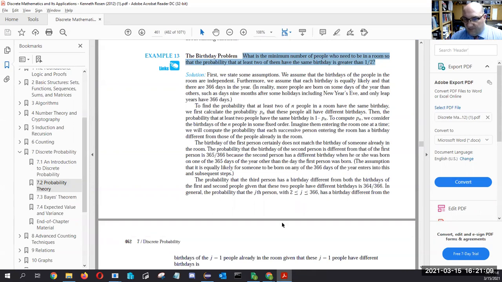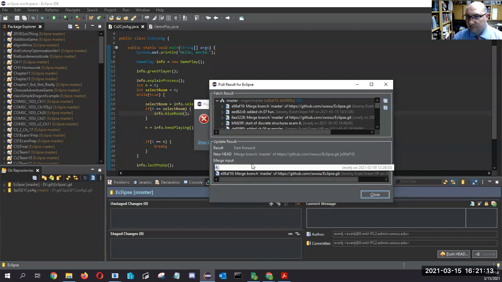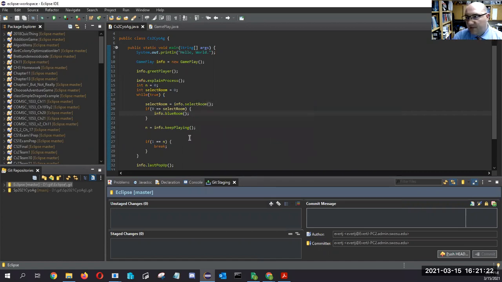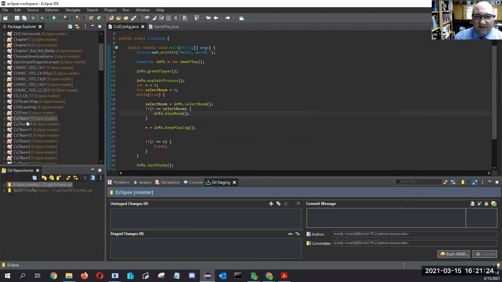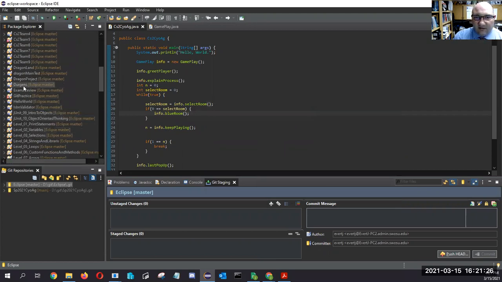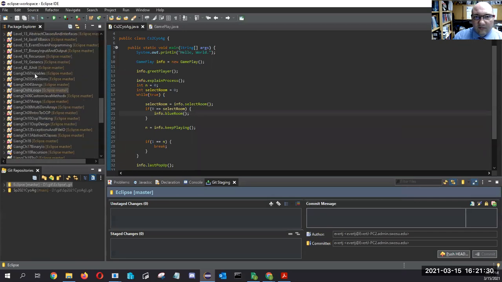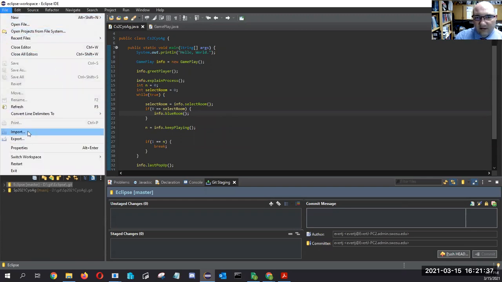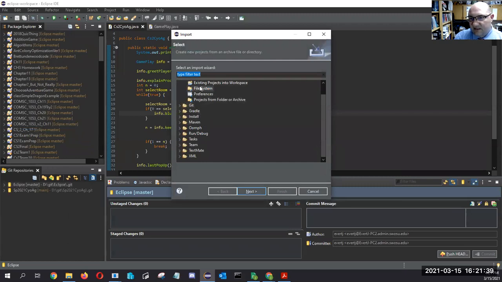All right, so let's come in here. File, import, because this one doesn't have discrete structures in it.